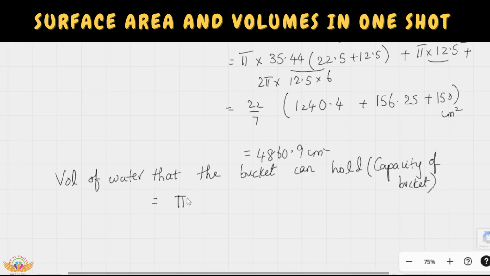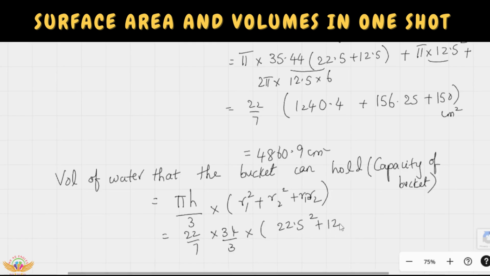So the volume is equal to 1 by 3 pi h times (R1 squared plus R2 squared plus R1 R2). Let us substitute all this. 22 by 7 into 34 divided by 3 into 22.5 squared plus 12.5 squared plus 22.5 into 12.5.